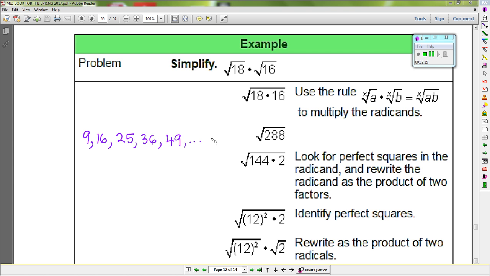If you have 12 squared, that's 144. So looking at 288, I can write it as 144 times 2, so that will be 12 squared times 2.